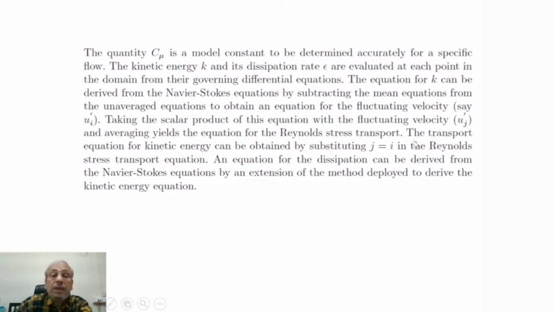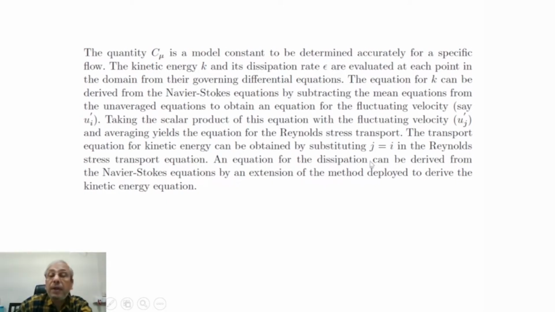The transport equation for kinetic energy can be obtained by substituting j equal to i in the Reynolds stress transport equation.